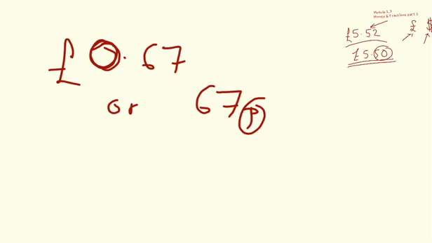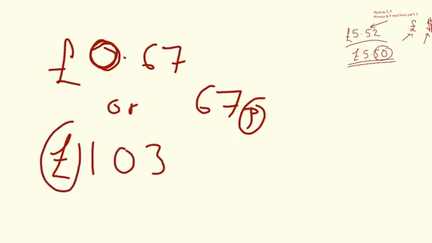Now, if, for example, you forget to put the pound sign, and I wanted you to write £103 and you did 103, but you forgot to put this in, we will consider that as wrong. Now, if it's £103.20, then you have to put a dot and then a 2 and a 0.